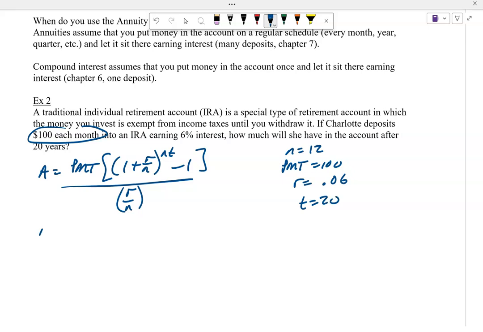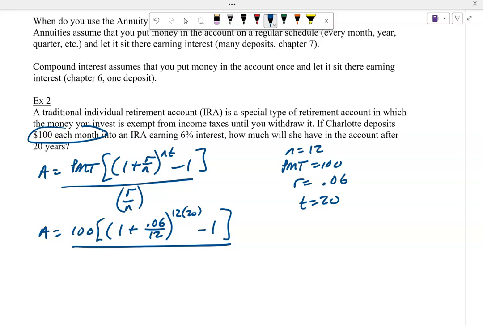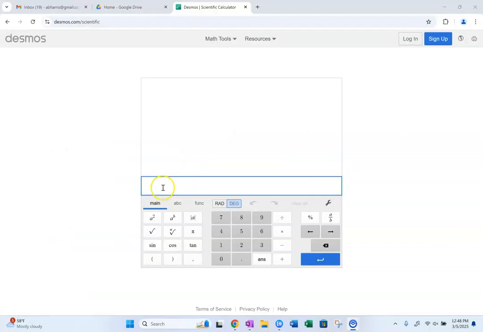Let's go ahead and plug this in. So I have $100 for our payment, 0.06. We're doing this every month. Every month, N is 12, T is 20, all over 0.06 over 12. And let's go ahead and pull that up with Desmos.com.